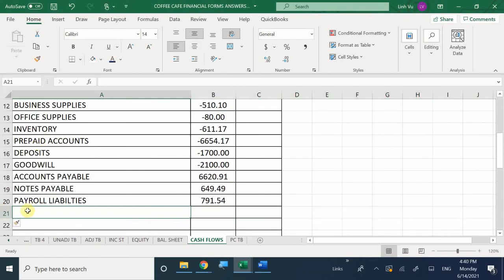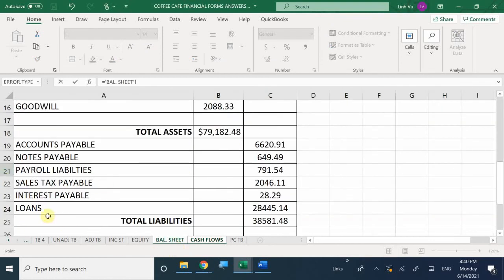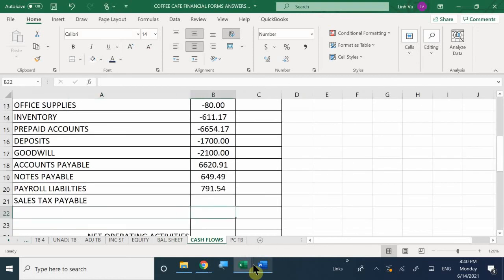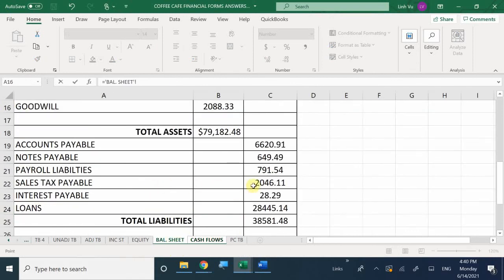Okay, so next that we have here is our sales tax payable. Did we pay the state yet? No, not yet. So therefore, we still have our $2,046. Okay.